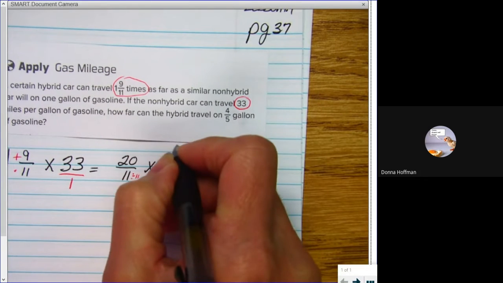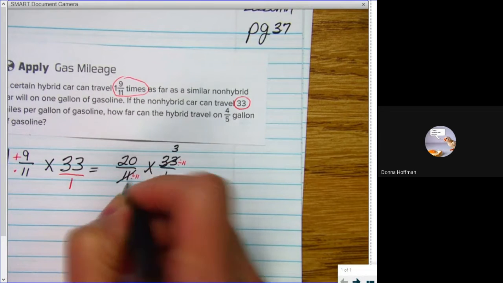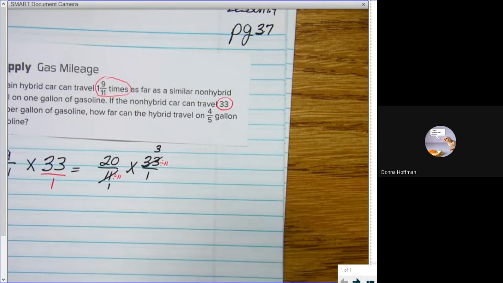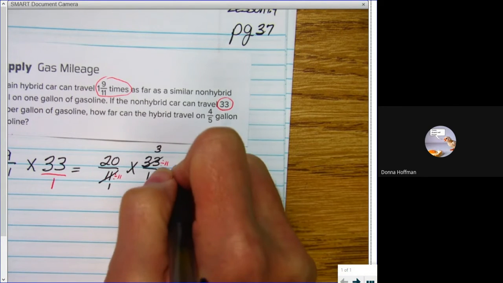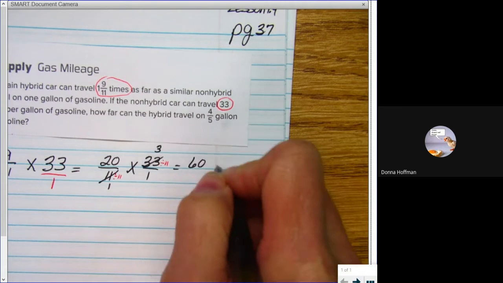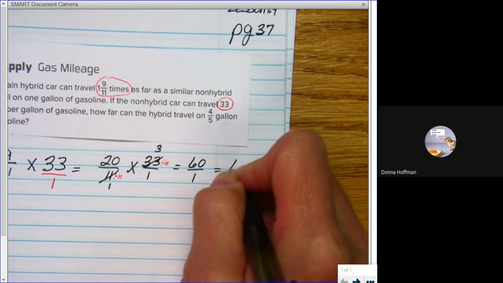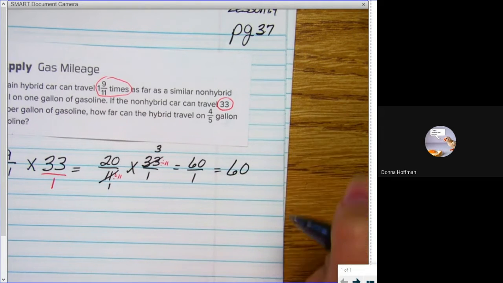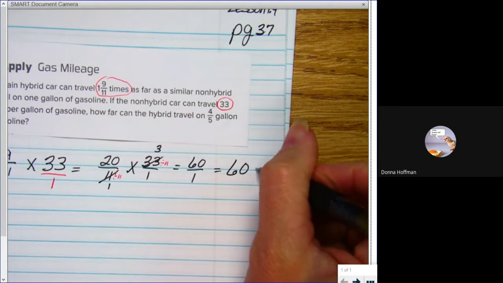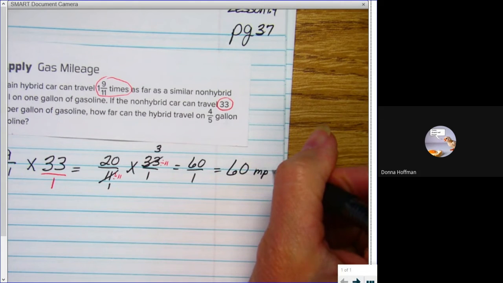So this will change to 3, and this will change to a 1, because I divide both of those numbers by my greatest common factor of 11. And then 3 times 20 will give me 60, and 1 times 1 is 1. And when I simplify that, it's telling me that my hybrid car is going to get 60 miles per gallon.